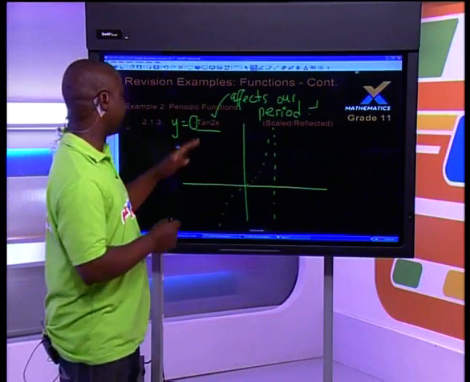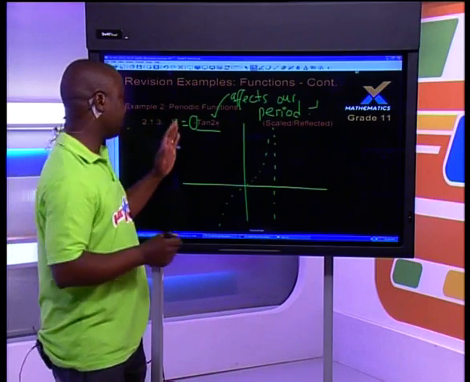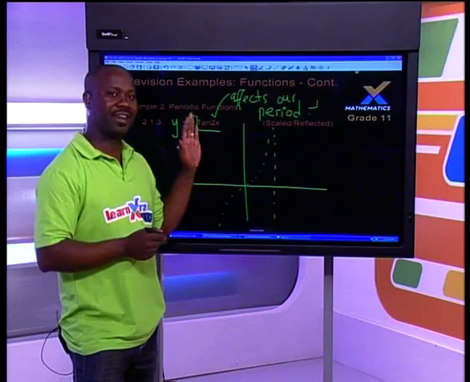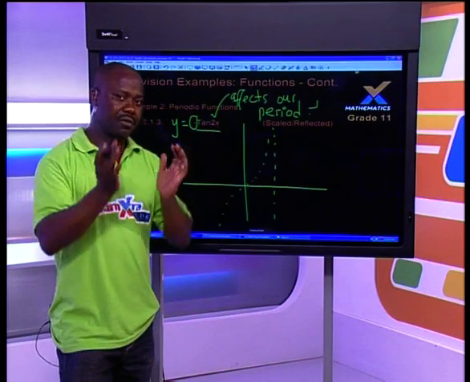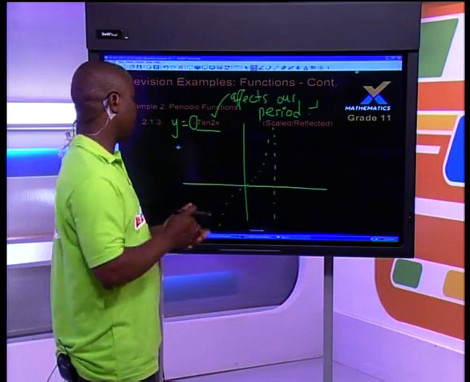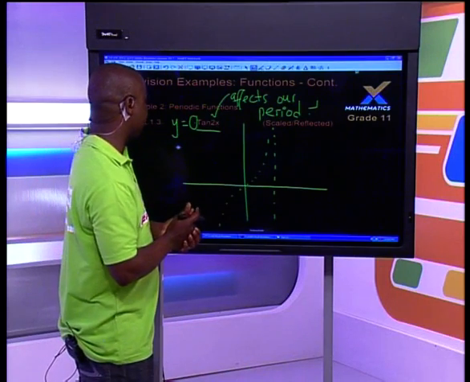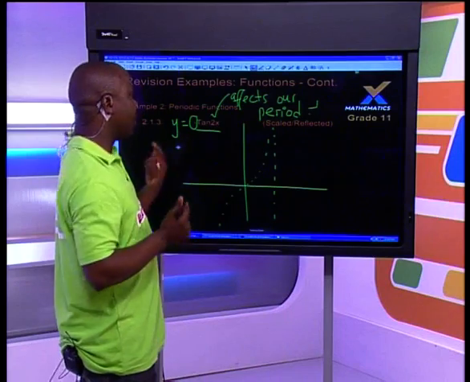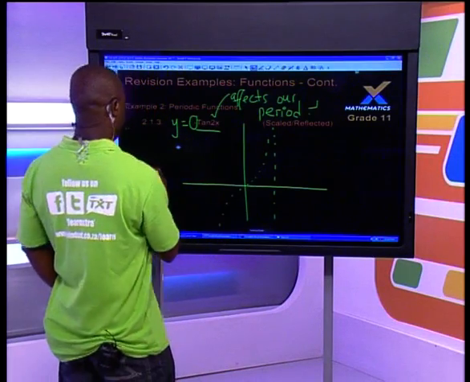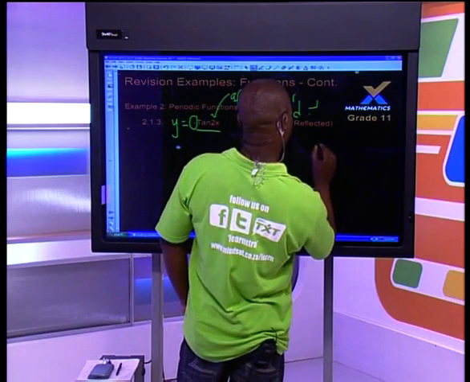Now, what you'll notice is we were scaling in the vertical direction when we saw a coefficient in front of the ratio itself. Now you've got a coefficient inside the ratio, a coefficient on the x variable. So how is that one affected? There is an expression that I'm going to write here that you can always use.